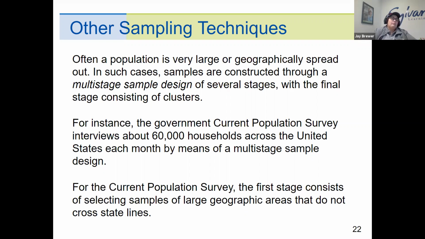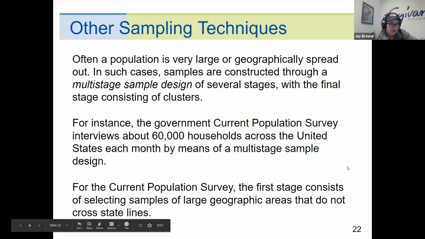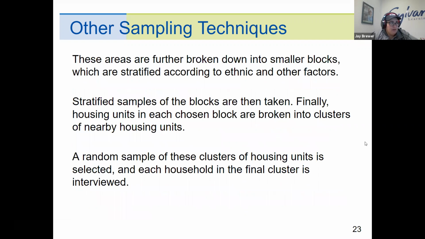So here's our example. The government current population survey interviews about 60,000 households across the US each month by means of multi-stage sample design. The first stage consists of selecting samples of large geographic areas that do not cross state lines. These areas are further broken down into smaller blocks, which are stratified according to ethnic and other factors.